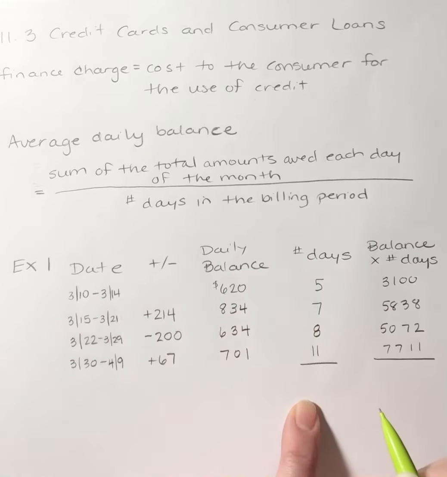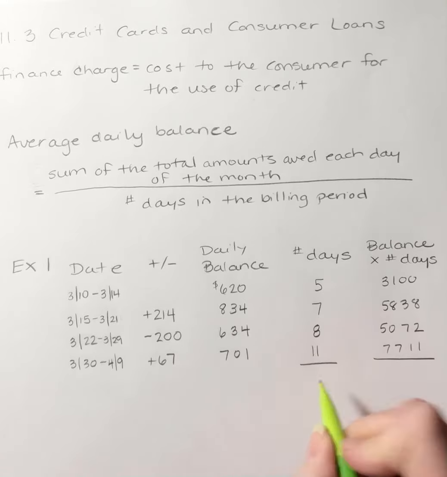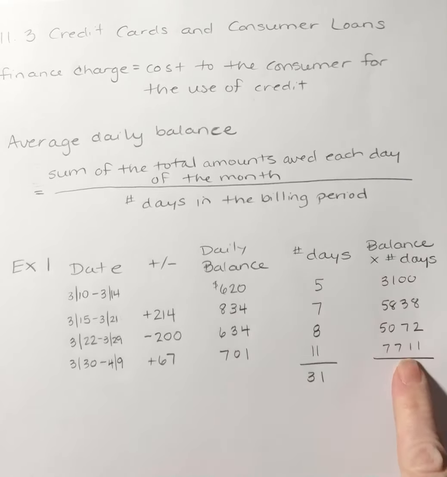I'm going to add those days up. 19 and 12 is 31 days total. And I'm going to add those up. And I've got 21,721, okay?